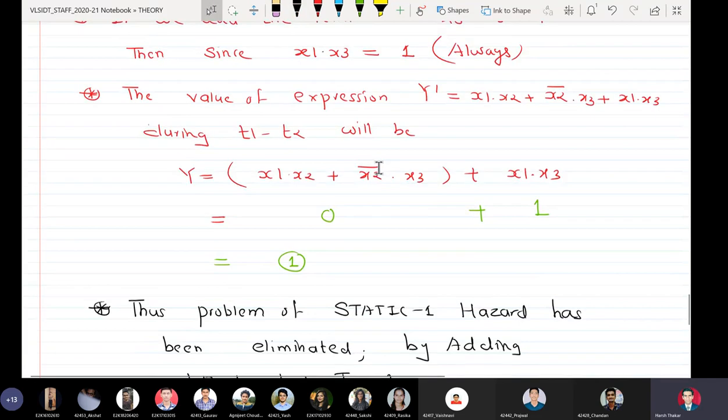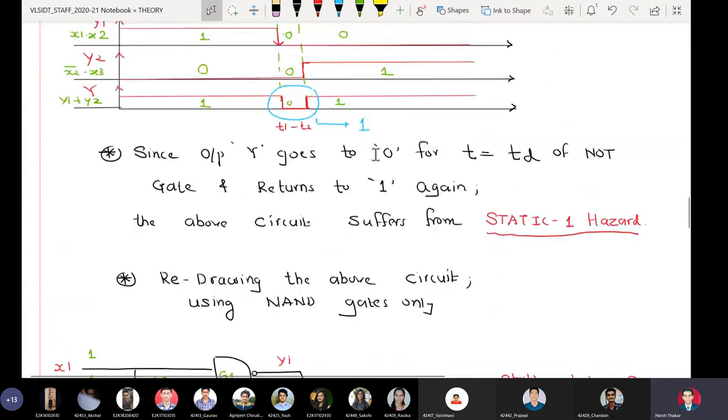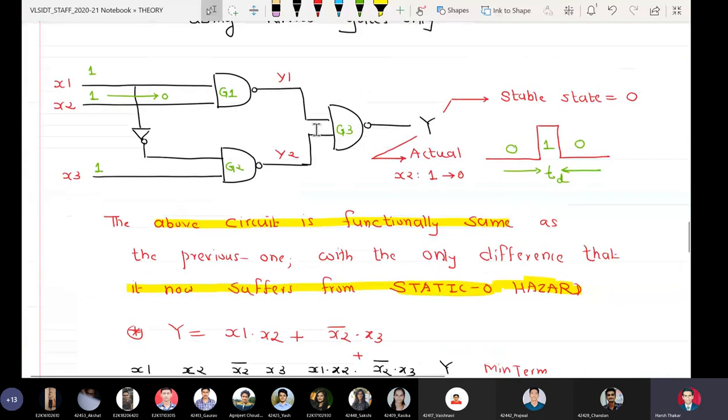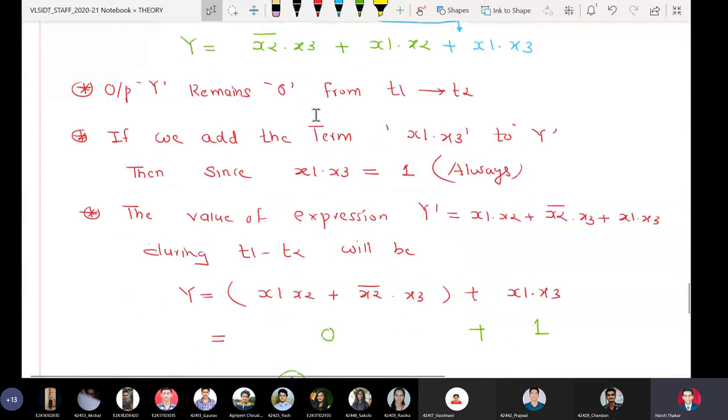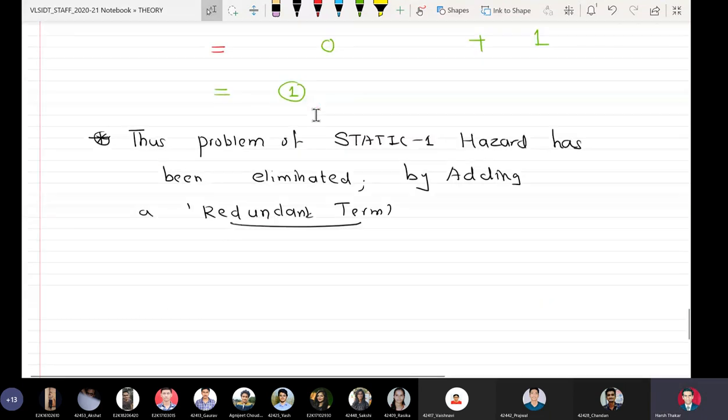So the hazard free circuit would be to add one more gate here.